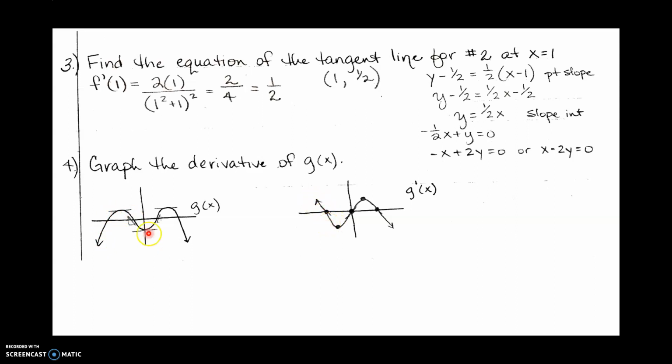We also know that we have an x-intercept here, and it changed from decreasing to increasing. So that means the derivative is changing from negative to positive. Then I know that I have an x-intercept here, and I know that it changes from increasing to decreasing. So it should change from positive to negative.